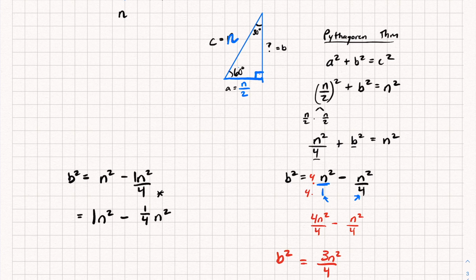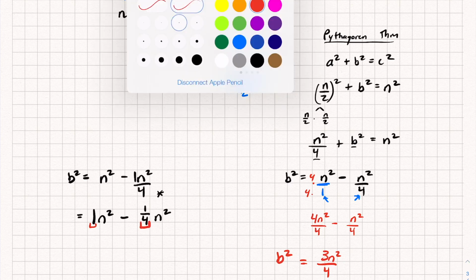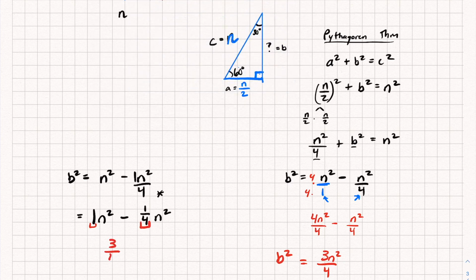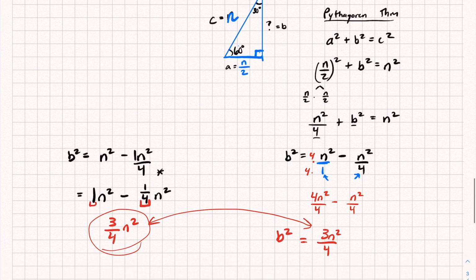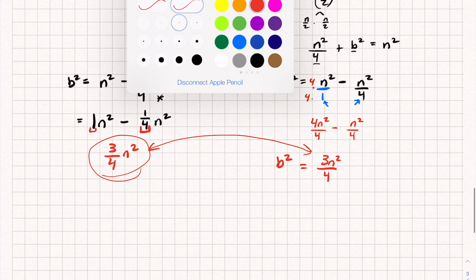And so I'm really saying, much like we did a second ago, I have 1 and I want to take away a fourth. What's left? Well, that's 3/4 of n squared. And if you compare this with what we got here, it's the same. It's the same approach, the same kind of problem. So it's just another way to think about it.